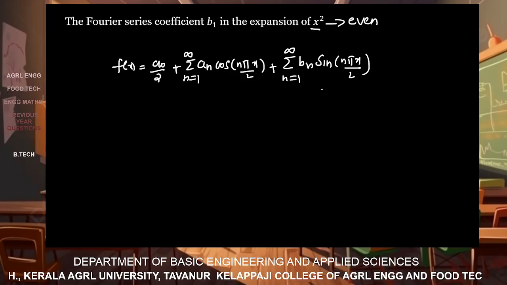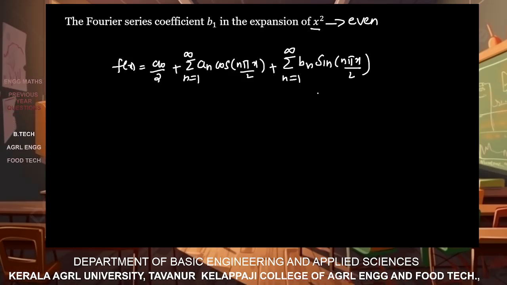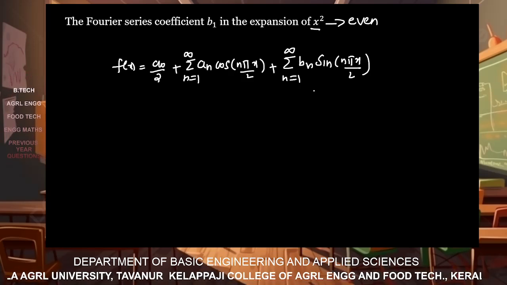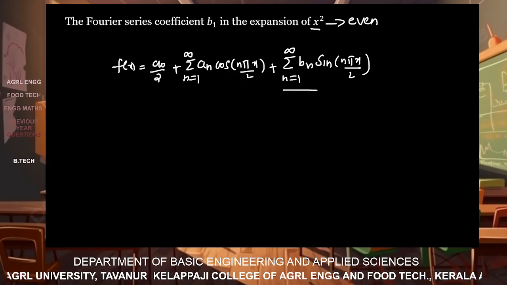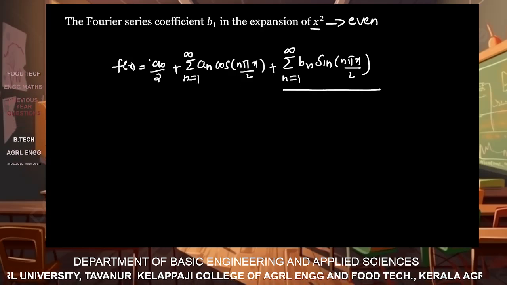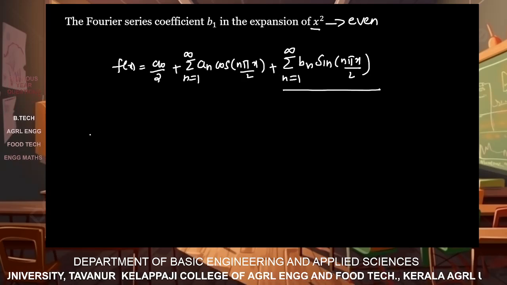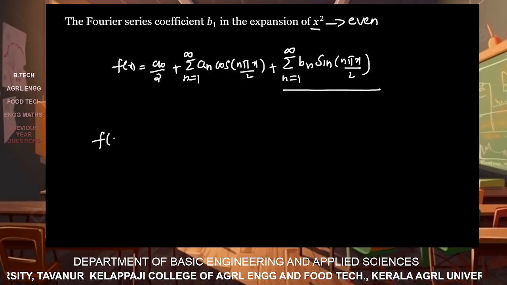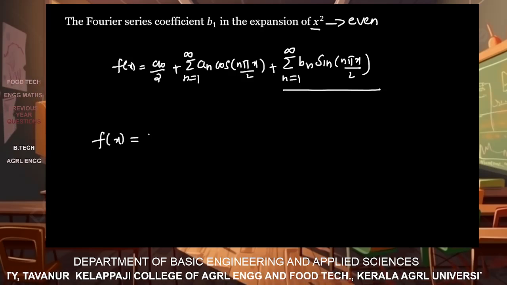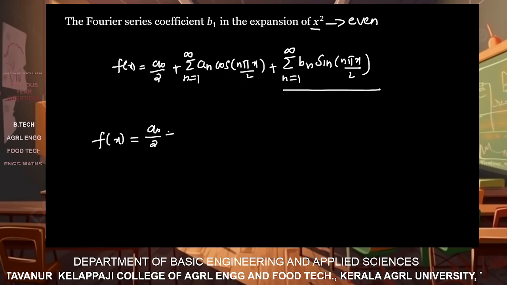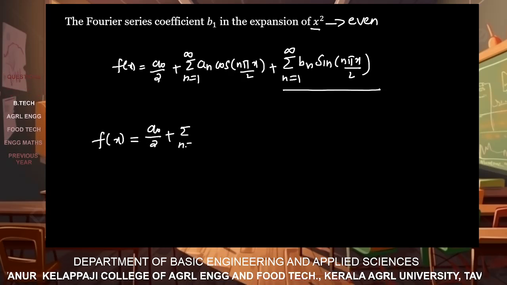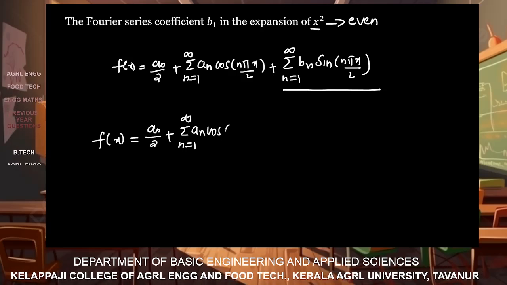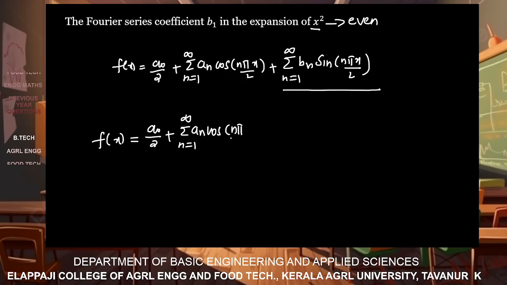When you are finding the Fourier series of an even function, there will not be the bn part. There will be only the a naught part as well as the an part. That is, for an even function, f of x will be a naught by 2 plus sigma n from 1 to infinity an cos n pi x by L.